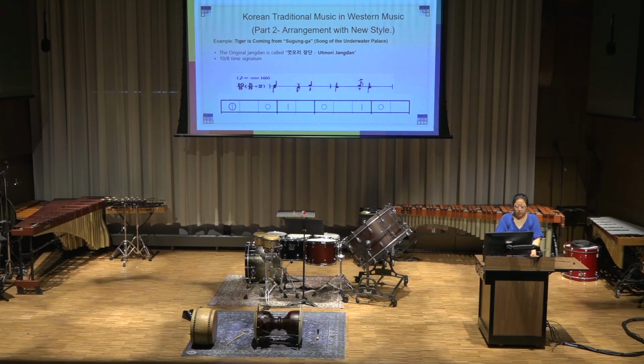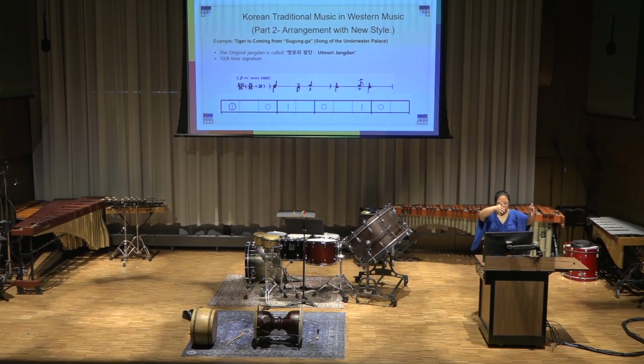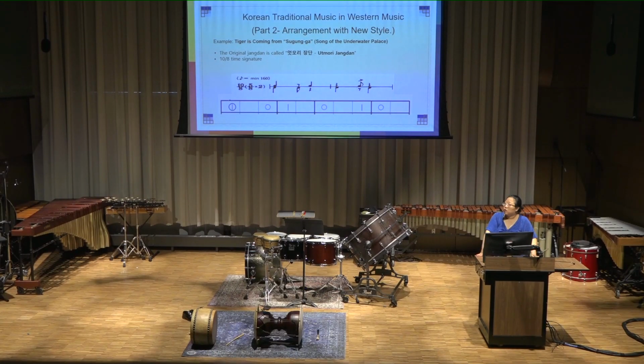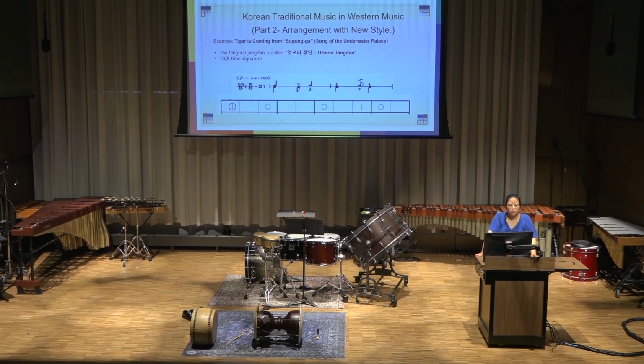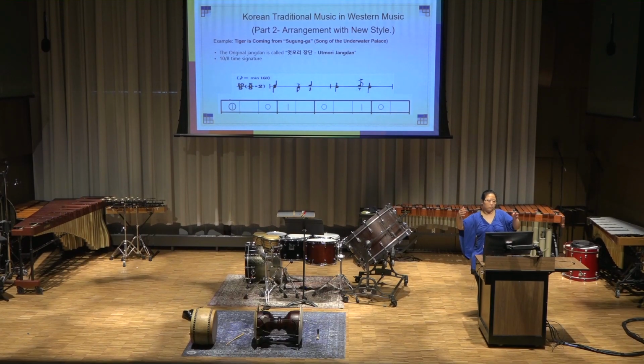And this specific song has the jangdan called Eonmori jangdan. It consists of 1 2 3 1 2, 1 2 3 1 2. And in Korean traditional music, it's not a usual beat pattern to use, because usually it's easier to listen to 1 2 3 4 or 1 2 3 1 2 3, not 1 2 3 4 5, 1 2 3 4 5.